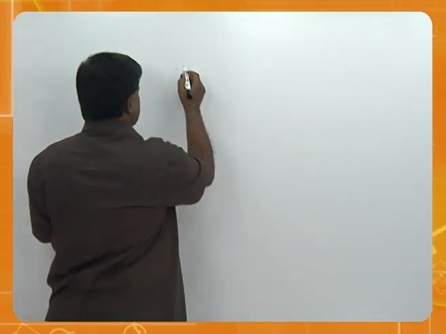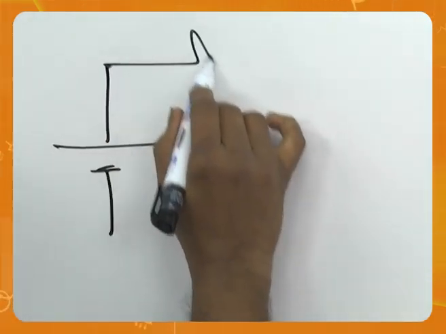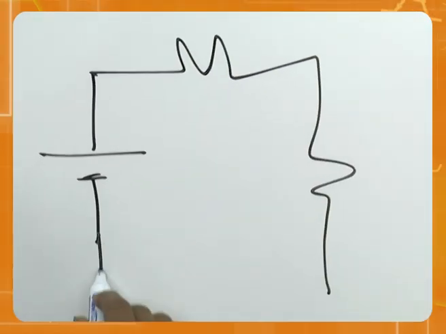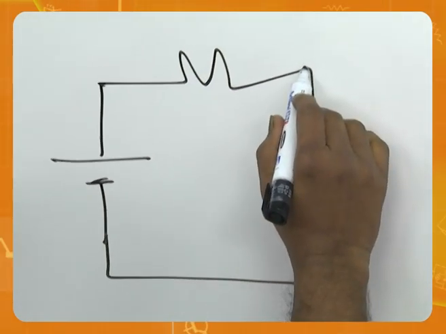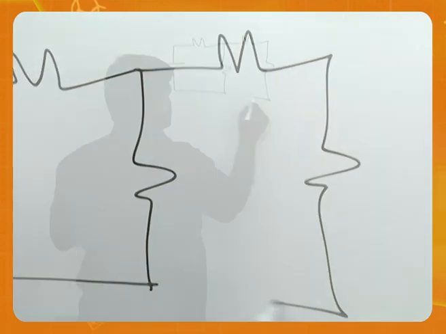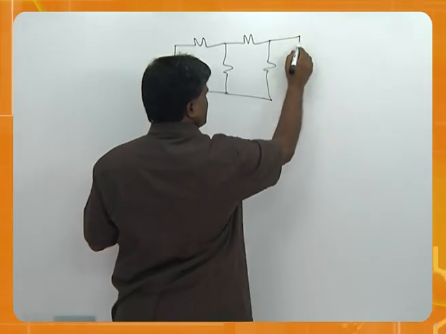The question given is this. If you see the problem, what is given to you? This is a resistor, and one more resistor is given here.